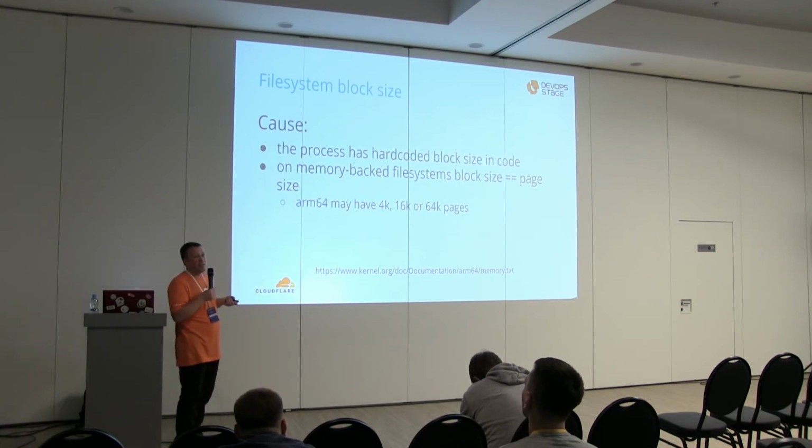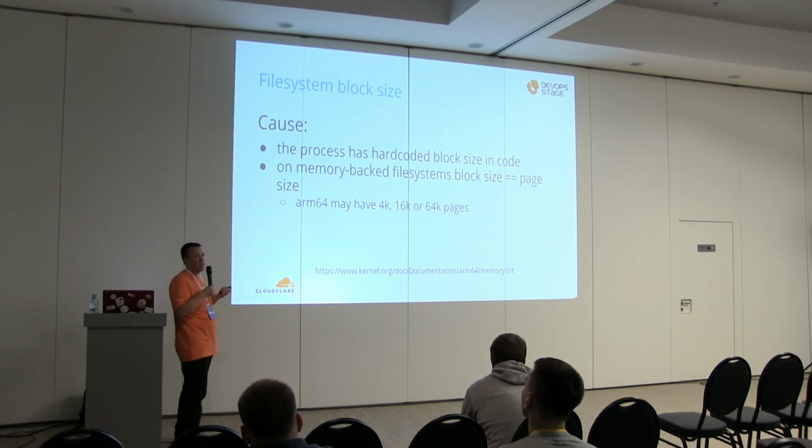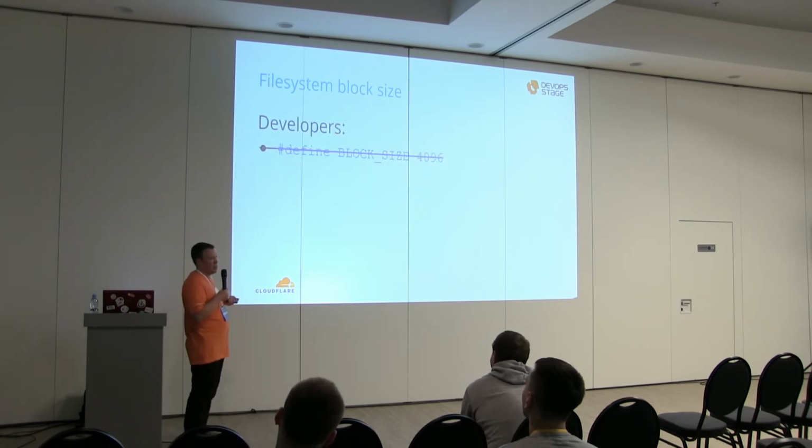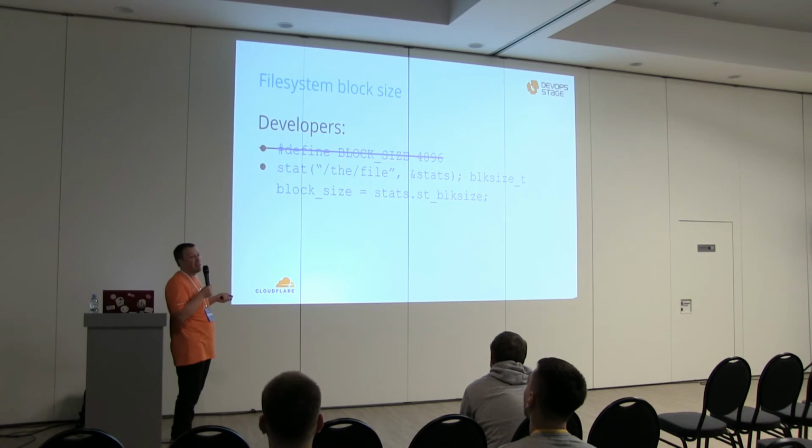The test failed because it couldn't create a sparse file, because it assumed that the underlying block size is 4K, and when it created a file, the physical file size was actually not smaller than the logical file size. So don't do this. Ask your operating system, ask your file system, what is your underlying block size?